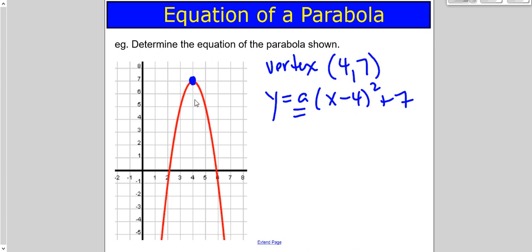So I'm going to look at my step pattern. And my step pattern 1 is that it's going down. So right away, I know that a is going to be negative. But I go 1 to the right, and then to get to my parabola, I have to go 2 down. And then I go 1 to the right, and then to get to the next part of my parabola, right there, I had to go 6 down.